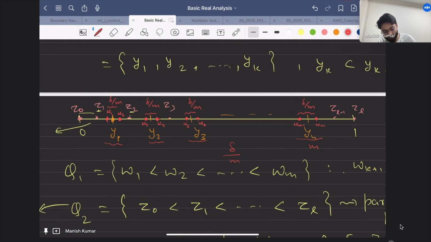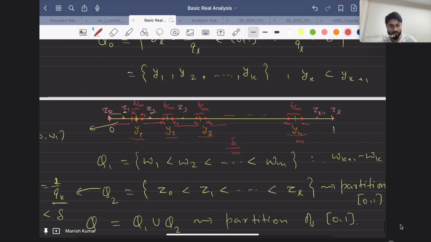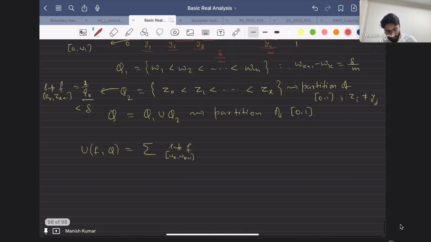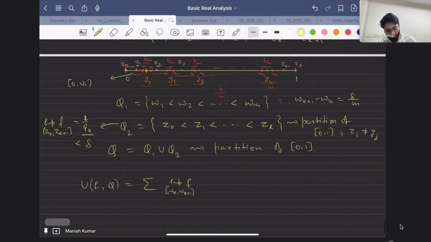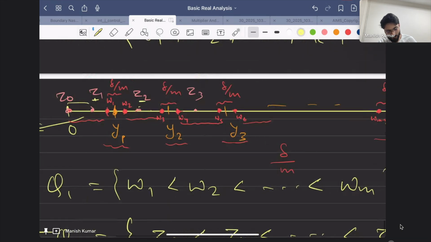So I'm partitioning this interval, and whatever comes in wk to wk plus 1. I hope it's easy to understand. Okay, sir. So basically you are enclosing those points in some different intervals, and those points in some different intervals.